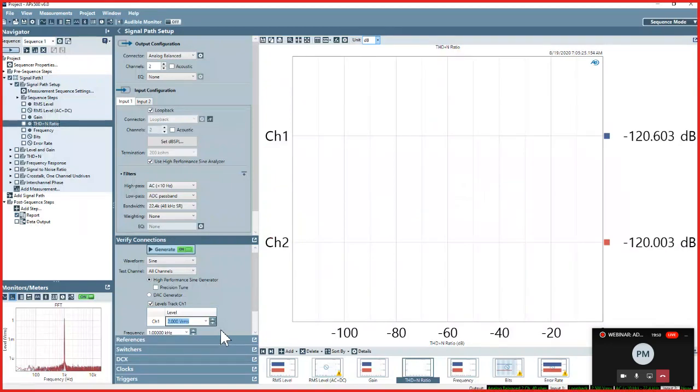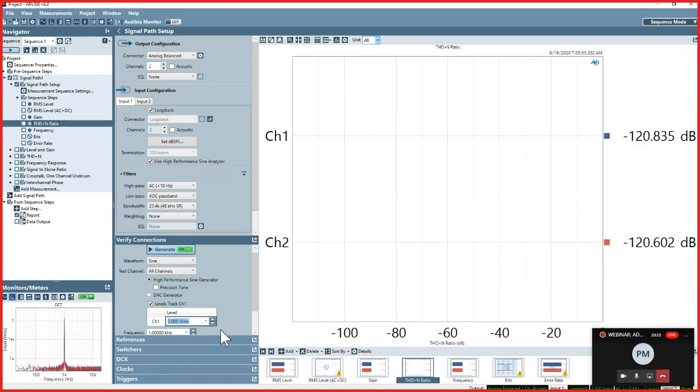So when we're testing digital to analog and analog to digital converters, there are several figures of merit or measurements that we want to make that we can only make if essentially the analyzer's performance exceeds that of the device under test.